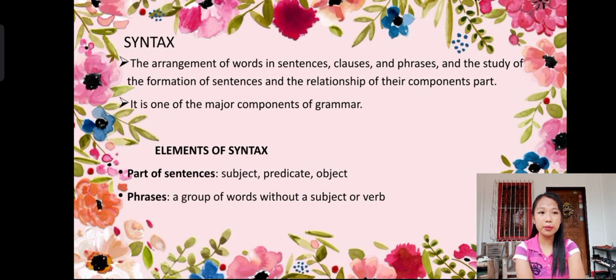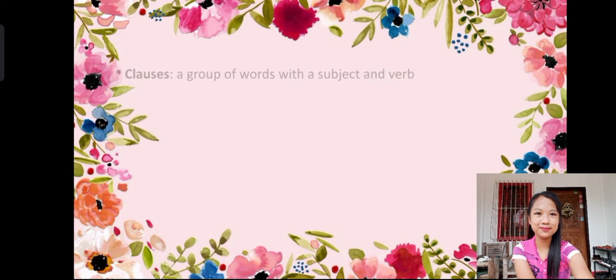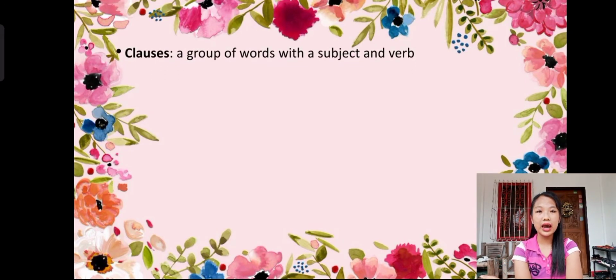We also have phrases. A phrase is a group of words without a subject or verb. The third one is clauses. Unlike phrases, a clause is a group of words with a subject and verb.